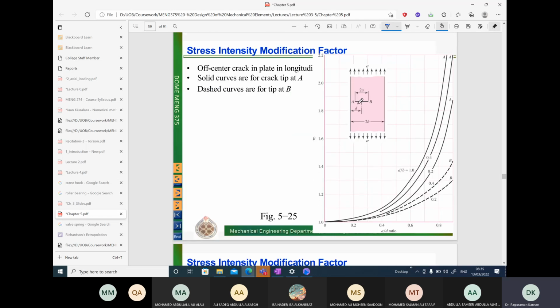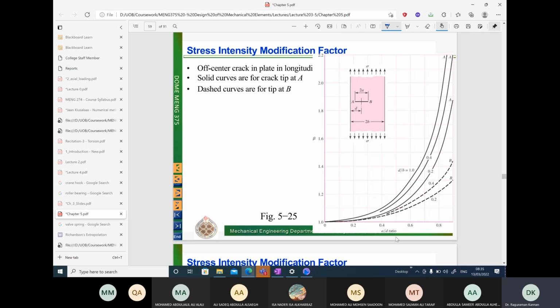So let's see those graphs. For example, if you have a plate with a simple tensile load and the crack is present somewhere inside the plate and not on the edges, then you will use this particular graph to extract the values of beta.